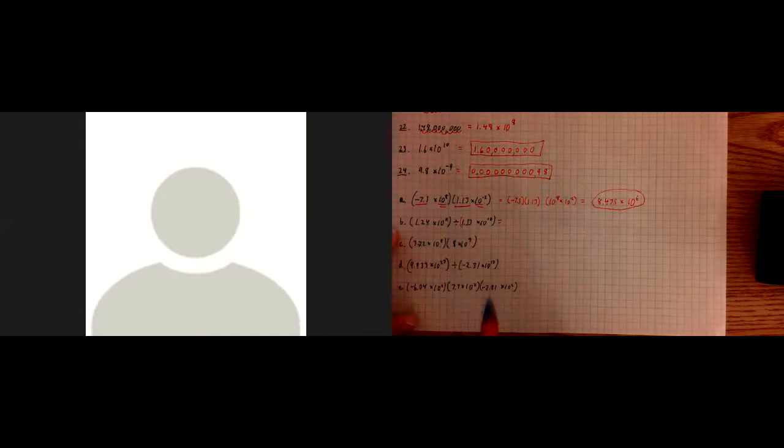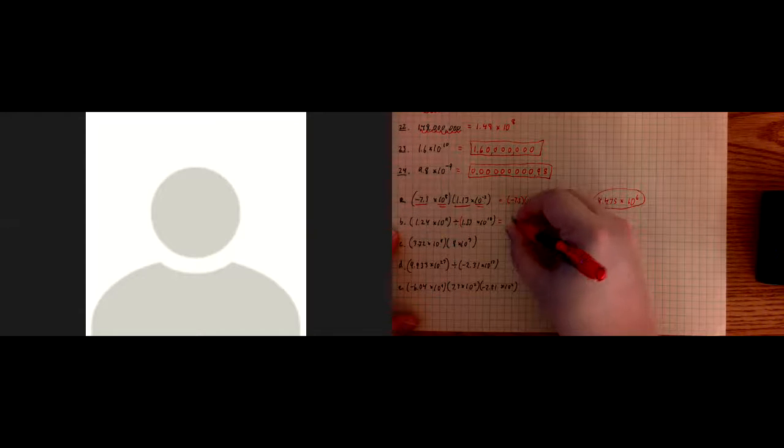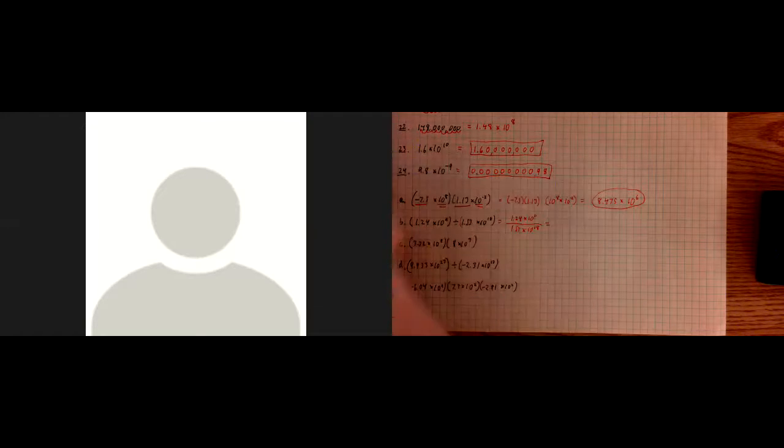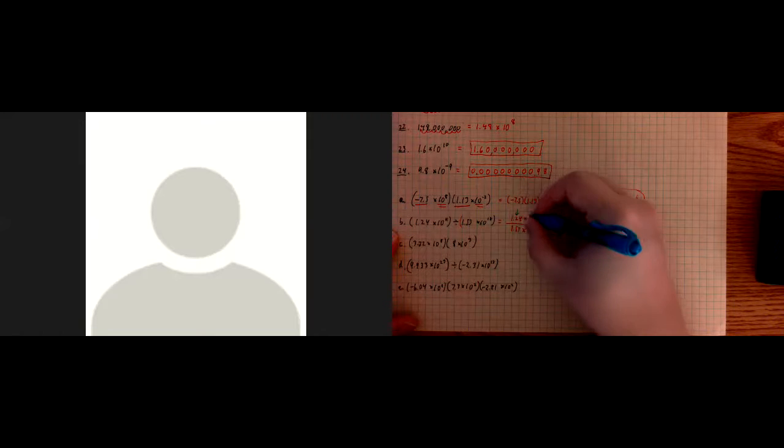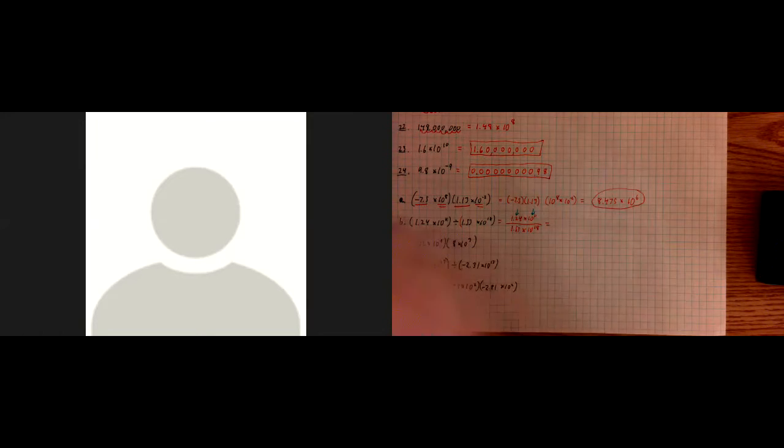For the next one, again, I can do roughly the same process, but because there's division, it's helpful to rewrite it this way first. 1.24 times 10 to the 11th over 1.55 times 10 to the 18th. And then I will simply do the first column's division separately from the second column's division.